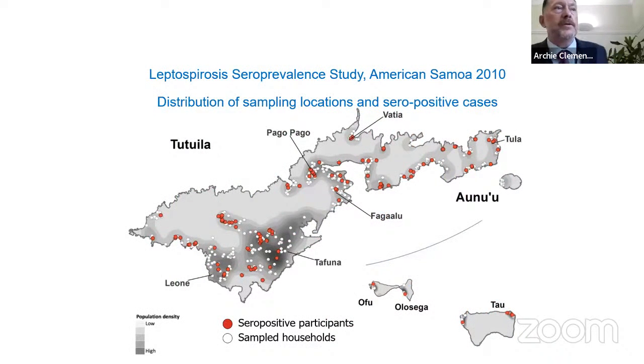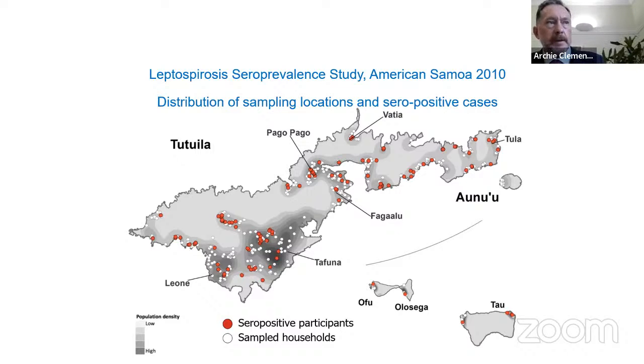Here is a spatial epidemiological study that we did on leptospirosis in American Samoa in the South Pacific. We undertook a survey of people on Tutuila, which is the main island of American Samoa, and we did a serosurvey, and we determined whether or not people were positive or negative to leptospirosis.